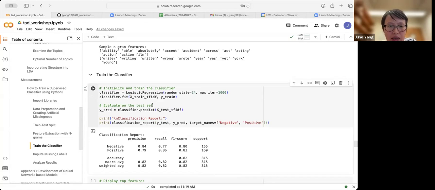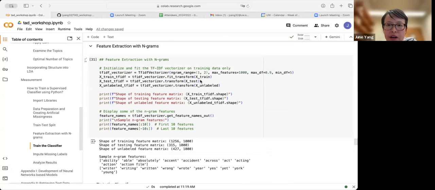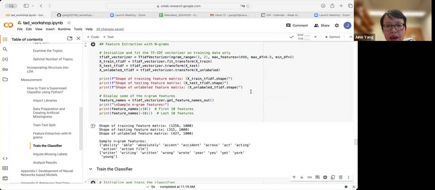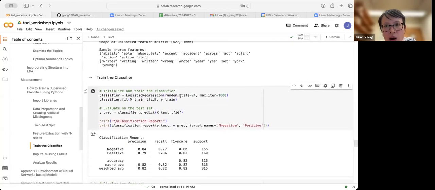If you have a test set or a validation set, for example, we might change the number of features we put in. We might reduce it to 500, or we might increase it to 1,100, for example. And we test how our model performs on data it hasn't seen before.